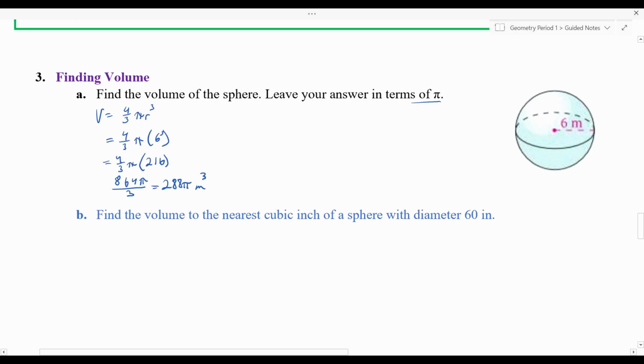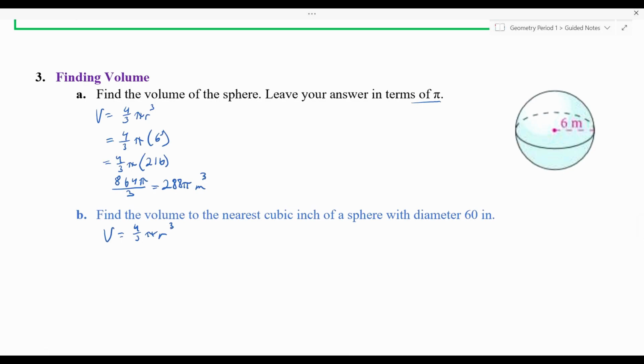Okay, so here we have this one. Now we're still going to be using the formula for volume. So it's volume equals 4/3 pi r cubed. I apparently still have issues drawing a good 3. That's the best 3 I've done so far, apparently. All right, so radius, right?